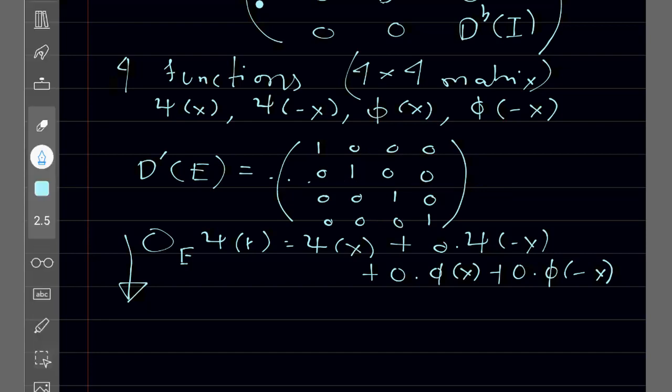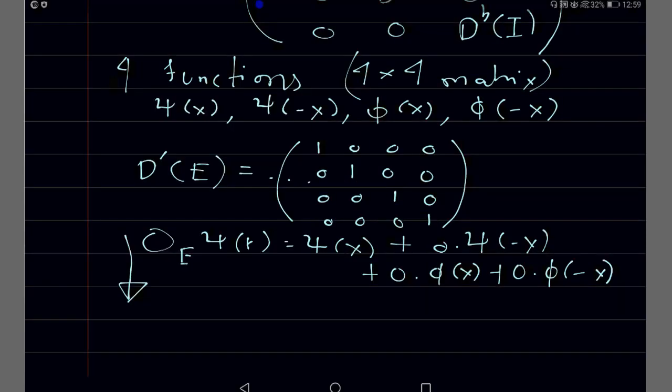Okay, let me use a different color. So like this and like this. So what do you see here? D2. I think we are looking at the existence of D2. Yes?